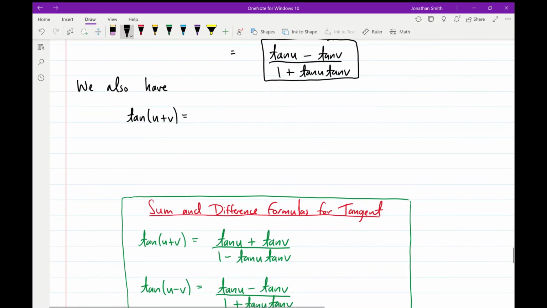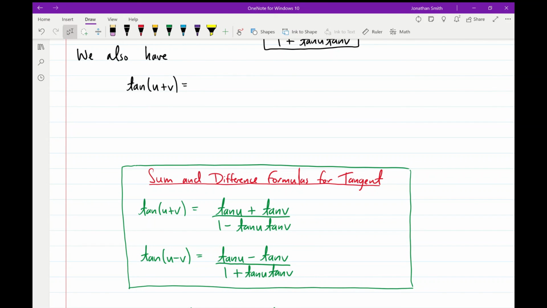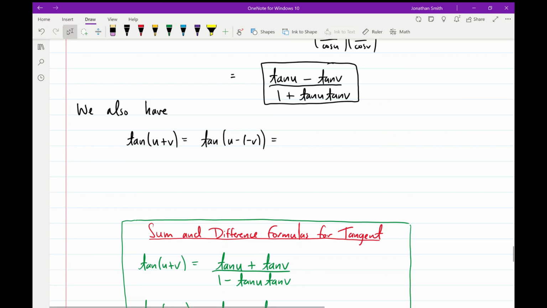Okay, and just like we did with sine and cosine, we can also then figure out what's tangent of u plus v. So we rewrite tangent of u plus v as tangent of u minus negative v, and now use the identity that we just got. So we get tangent of u minus tangent of negative v over 1 plus tangent of u times tangent of negative v.